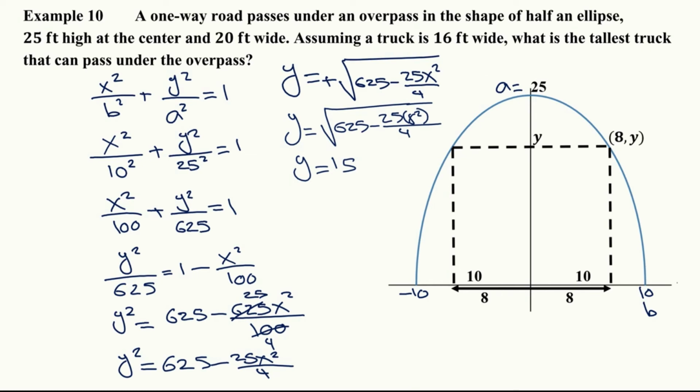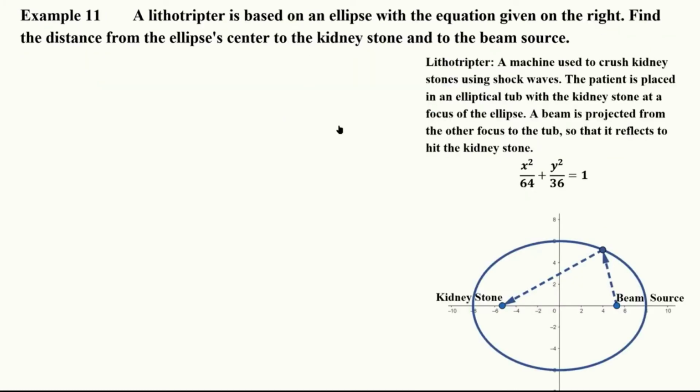All right, in this next problem, we're looking at a lithotripter, which is a machine used to crush kidney stones using shock waves. The patient is placed in an elliptical tub with the kidney stone at one focus and the source of the beam that's going to be crushing the stone at the other focus.